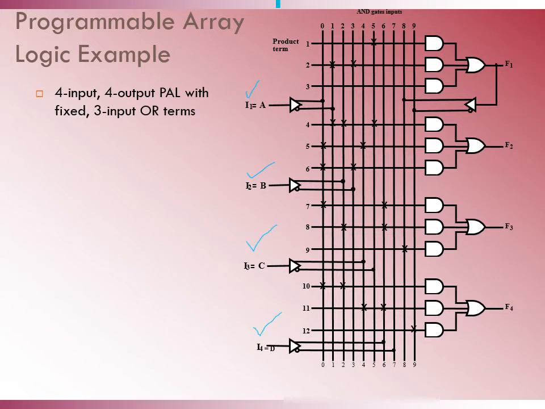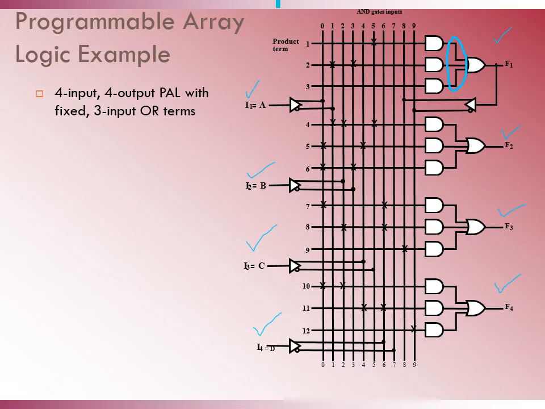The 4 outputs are shown as functions F1, F2, F3 and F4 respectively. Each OR gate is shown as having 3 inputs. I have shown this for the first OR gate. The same goes for the others. Remember, for PAL, the OR array input is fixed, whereas the AND array is programmable.